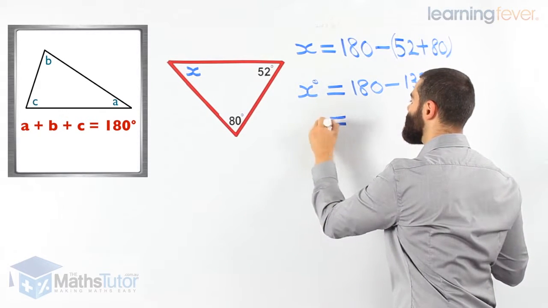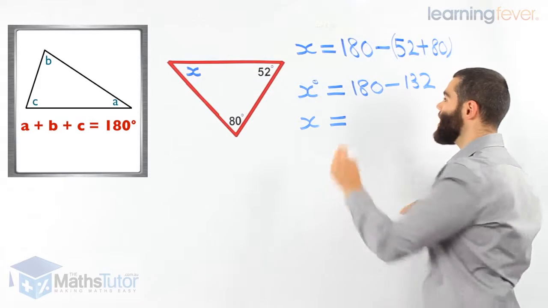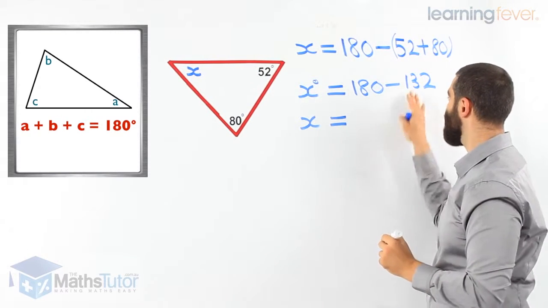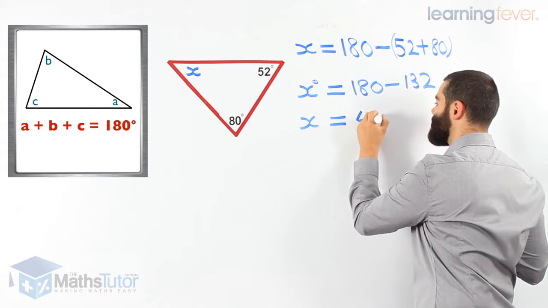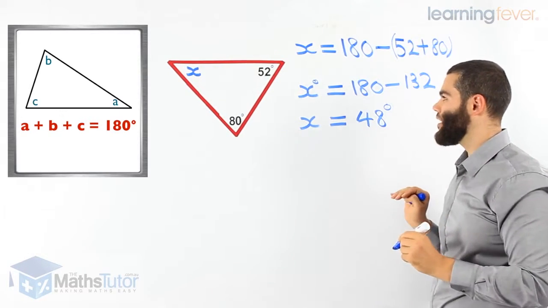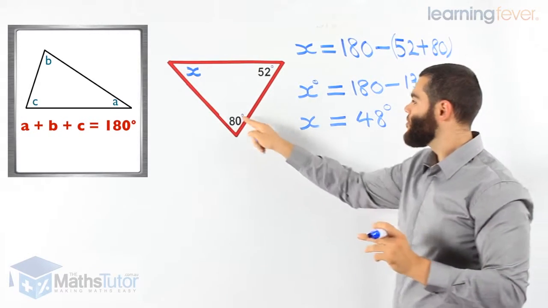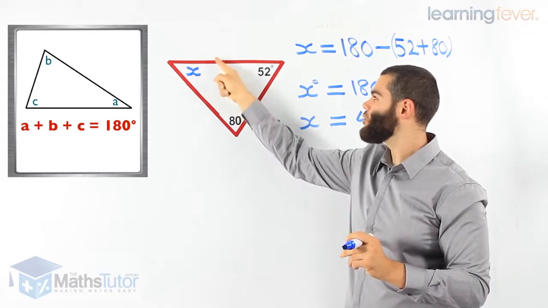Now we can find the missing angle X. X is 180 minus 132. X is going to be 48 degrees. Here we know the angle with the 80, another angle with 52. This angle is missing.